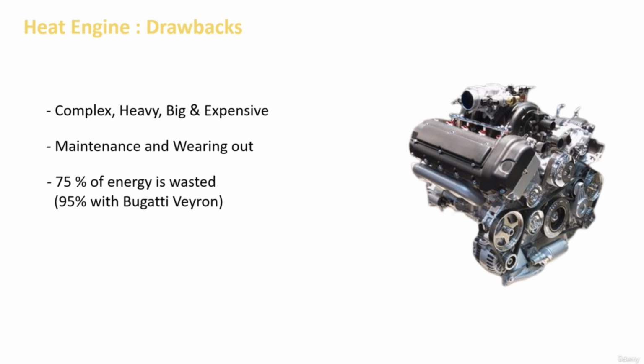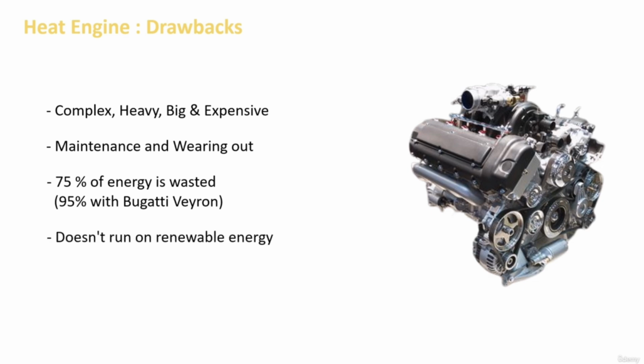In practice, even though we've been improving the internal combustion engine for more than 150 years now, a regular car wastes more than 75% of the energy it consumes as heat. And a sports car like the Bugatti Veyron wastes more than 95% of energy if you drive it in regular city traffic.